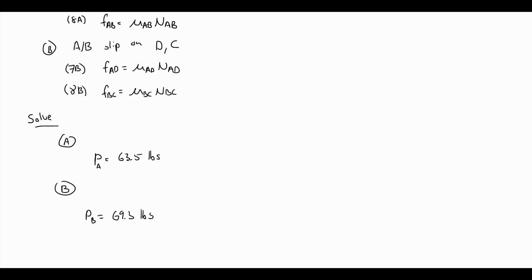That means that scenario B is not the answer. Again, it has a higher applied force, which we saw, and it violates static equilibrium in that it would require FAB to be larger than it possibly could be. So what this tells us is that the maximum P is the minimum of these 2 P's, 63.5 pounds. That is the maximum force we can apply before motion would occur in this system.